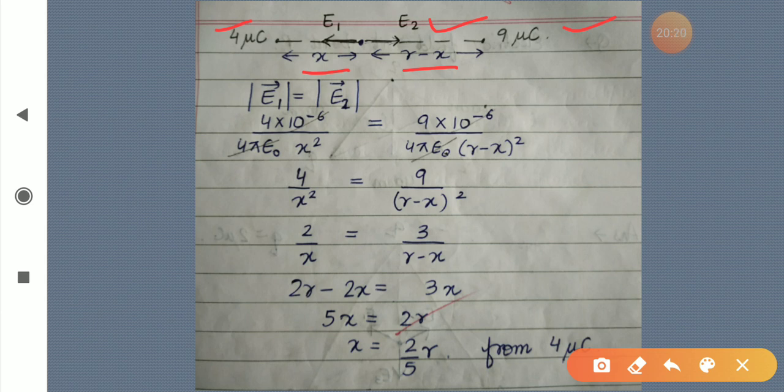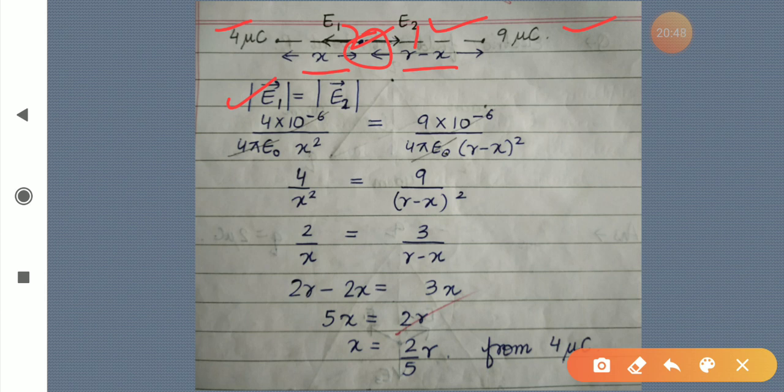An electric field due to 9 microcoulomb will be directed away from it, say E2, right? Now since the electric fields are in opposite directions, and net electric field at this point has to be 0, that means magnitude of E1 and E2 should be equal. So we can write their relations, right?